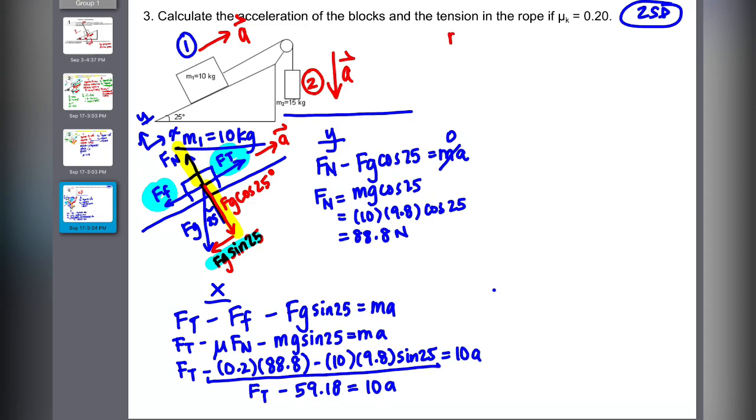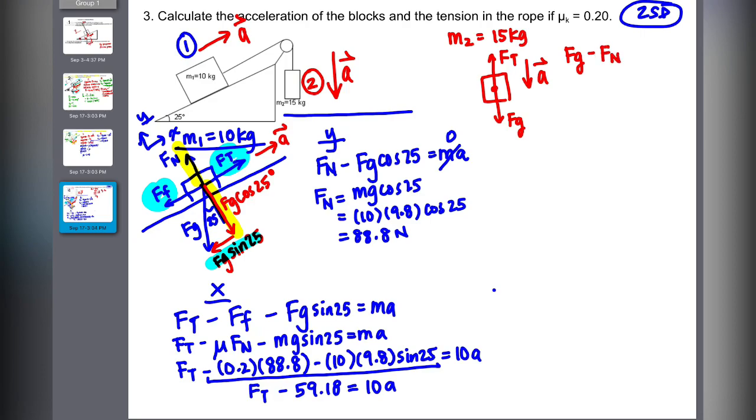Now I'm going to repeat the process, but now for block 2. So block 2, I'm going to write down M2 is 15 kilograms. I'm going to draw my free body diagram, right? Because it's hanging there, I have an Ft going upwards. There's always force of gravity going down, and the object is traveling downwards.